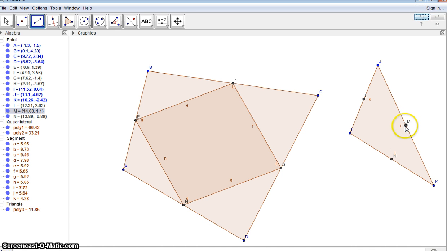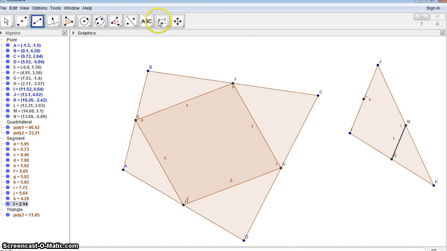What I know when I connect MN, because it is the mid-segment, definition being that it connects the midpoints of two sides, is that MN will be parallel to what I think is JI, and it'll be exactly half its length.